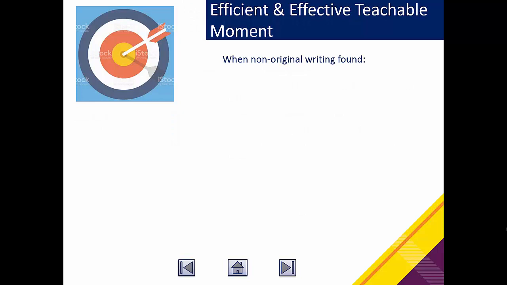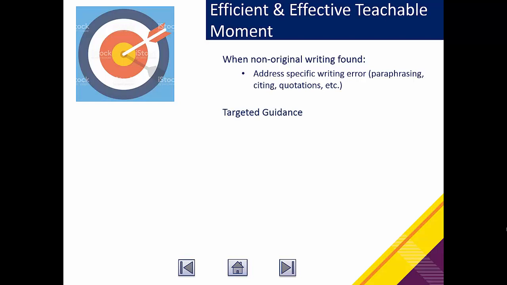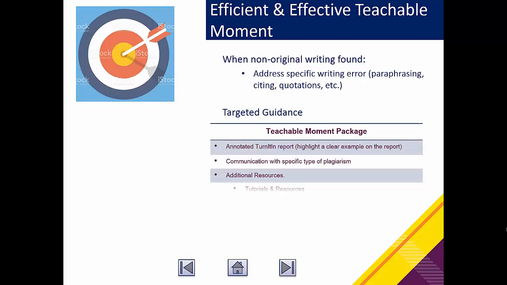When you identify issues around non-original writing, the most efficient way to provide a teachable moment is to give students feedback for that specific writing error, such as paraphrasing, quoting, and citing. Also, you'll want to include some important documents to emphasize targeted feedback and guidance. These should include a Turnitin report, perhaps with sections highlighted that clearly point out areas of concern.